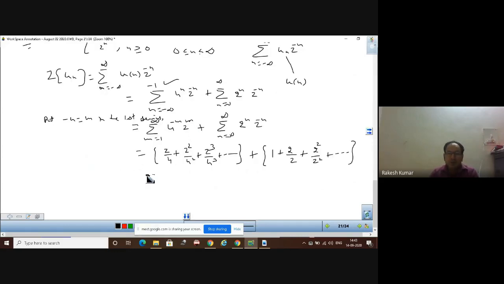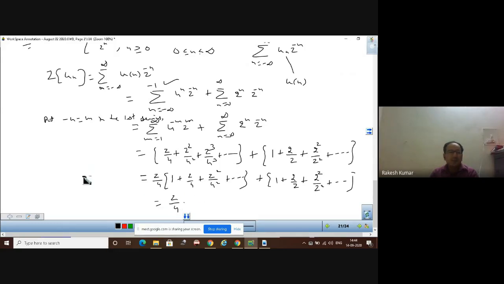So what we have, z upon 4 can be taken common from 1 plus z over 4, z square over 4 square. If we observe, this is an infinite GP series, and this is also an infinite GP series. Now you can write down the sum of the infinite GP series.